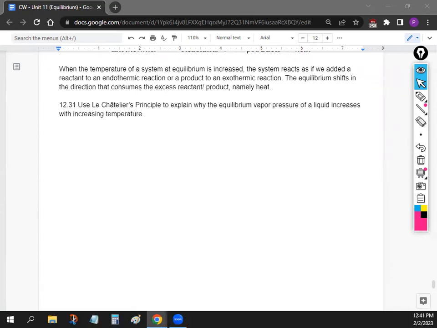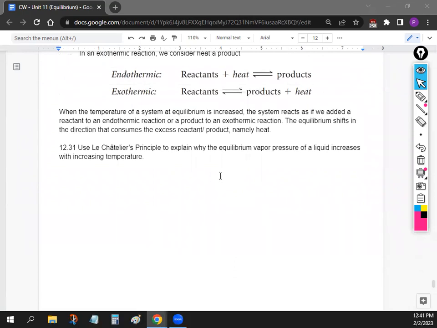All right, let's see if you remember some terms from previous units. We'll be talking a lot about gases. I'm going to give you about 2 minutes to discuss with the person next to you. See if you can use your knowledge of Le Chatelier's principle to explain why the equilibrium vapor pressure of a liquid increases with increasing temperature.